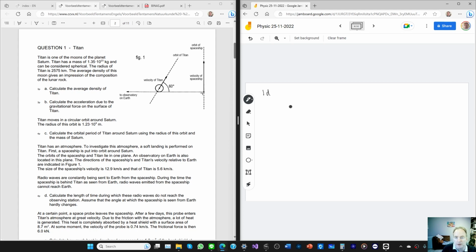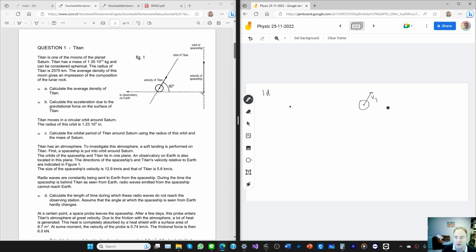Okay, so we have Earth here, and then we have Titan moving at a certain velocity, as seen from the reference frame of Earth. So this is v Titan.